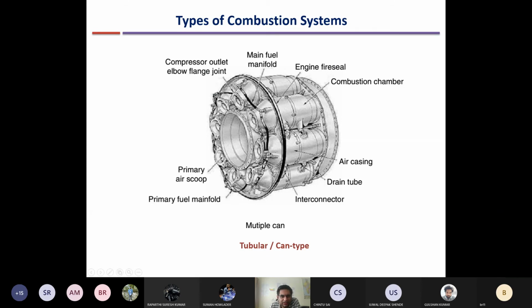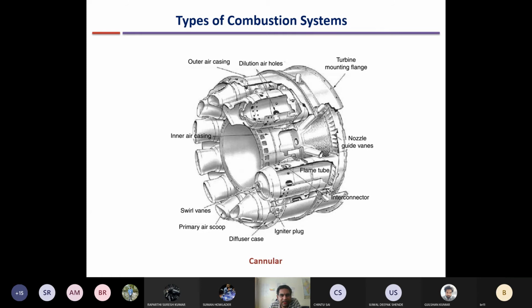There are some more pictures which I have shown here so you can understand. This is the first type, can type, tubular. All the combustion chambers are separated. They have their own separate fuel injectors, igniters, everything is separate. This is the cannular one.